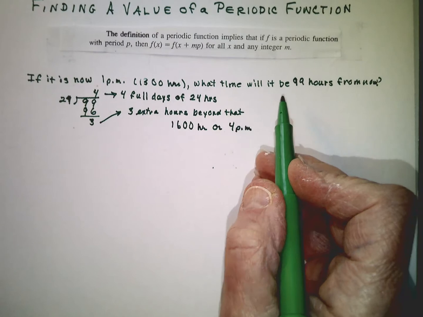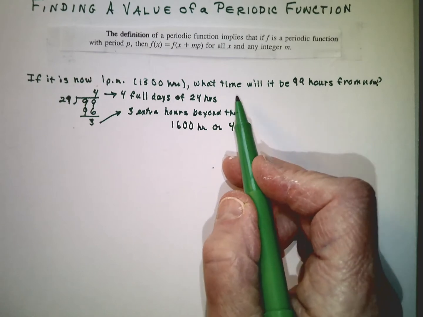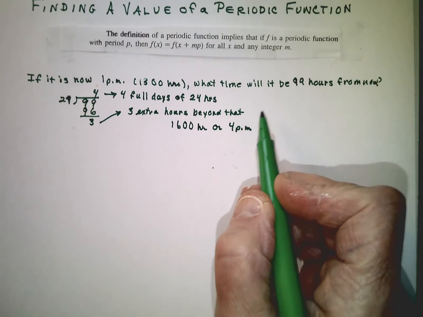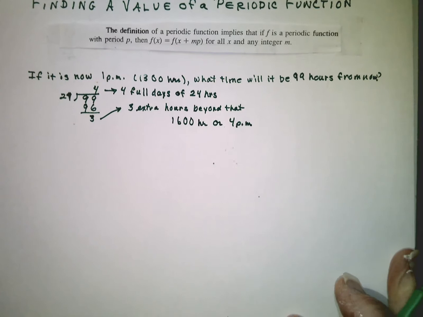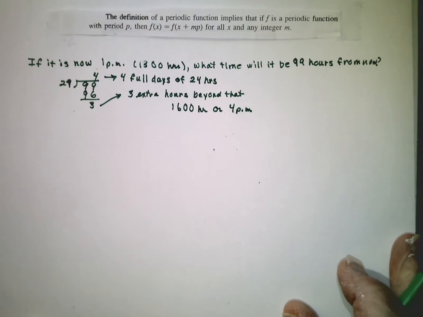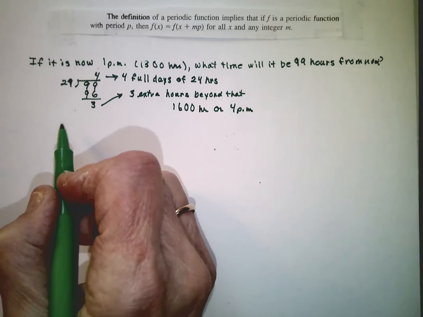99 hours from now would be 4 days. 4 days would take us to 1 p.m. 4 days from now, plus 3 extra hours, it's 4 p.m. How can this relate to a periodic function?